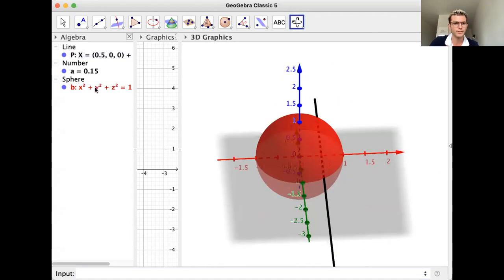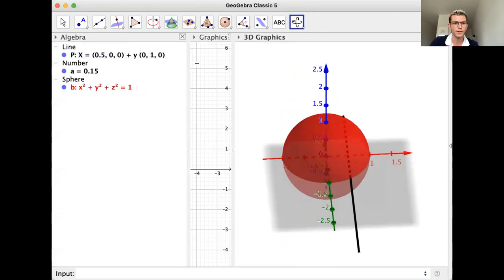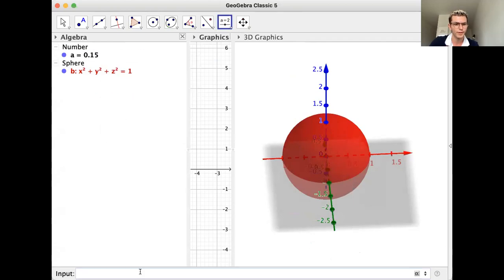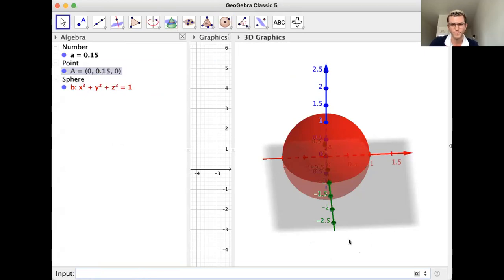Okay, sorry, how did I call the slider? It should have been 0, comma a, comma 0. Okay.